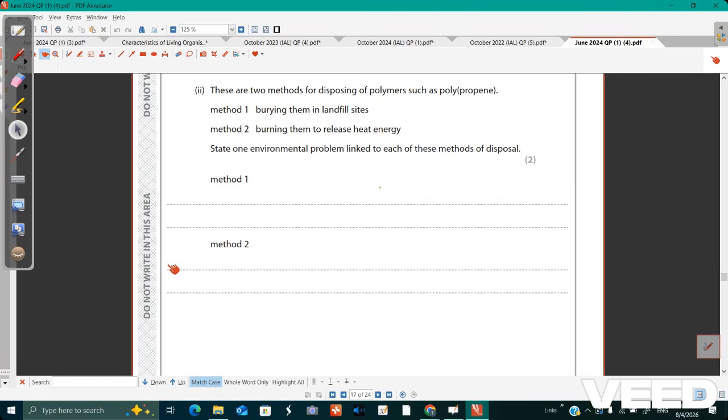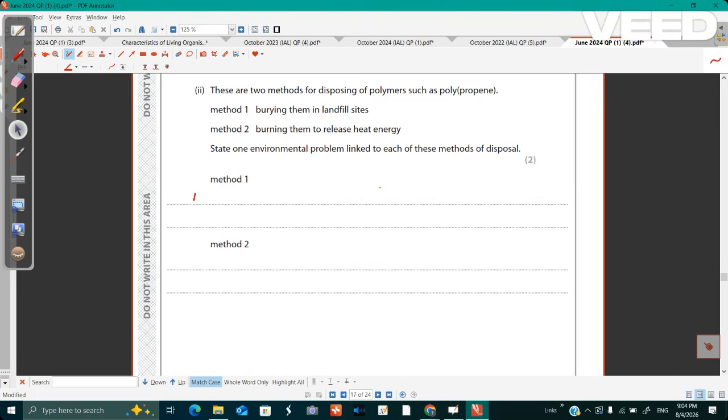Method 1, if you are burying it, what will happen? It is not getting decomposed. So the decomposition is very slow. You will run out of space. Burying them in landfill means running out of space. The landfill will get overcrowded with the non-decomposable material.